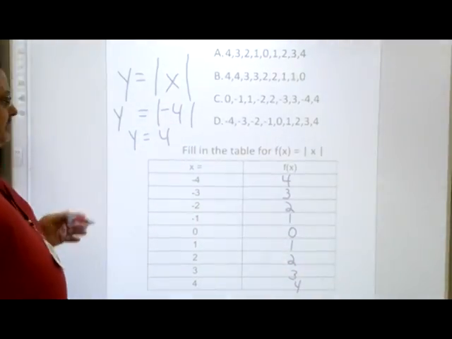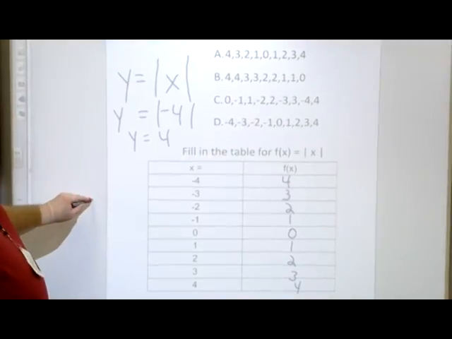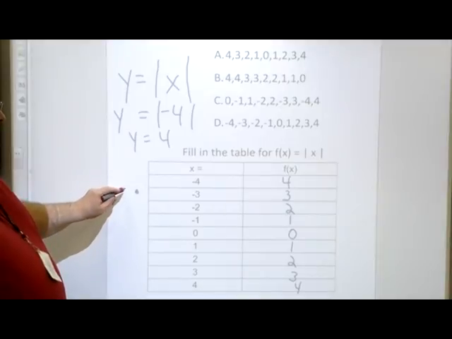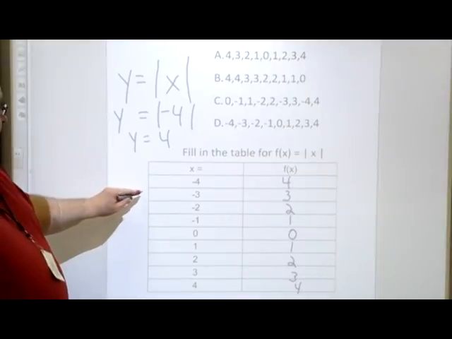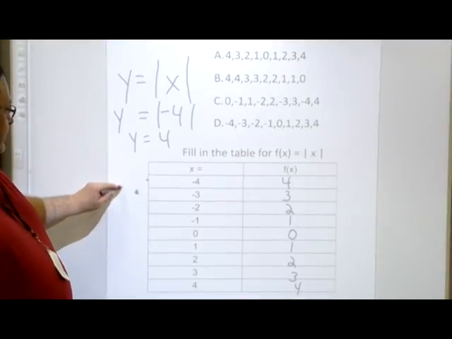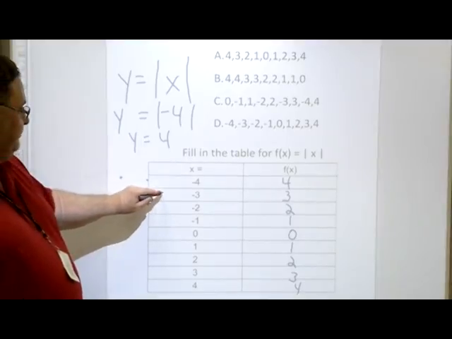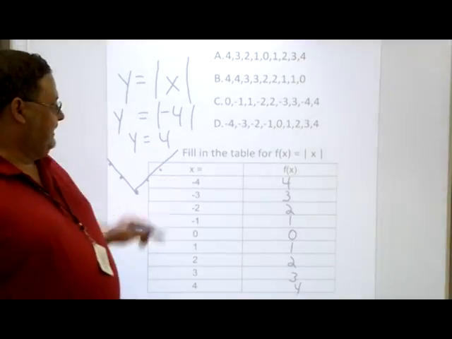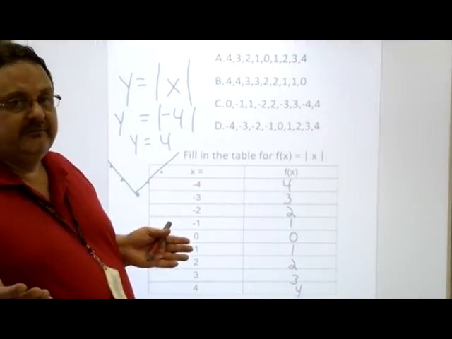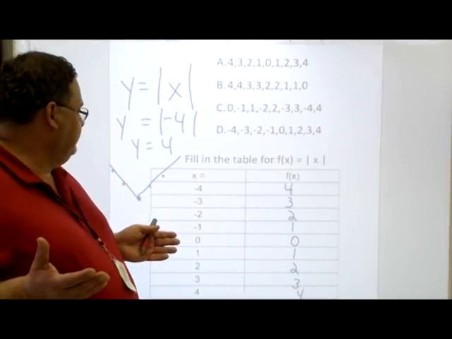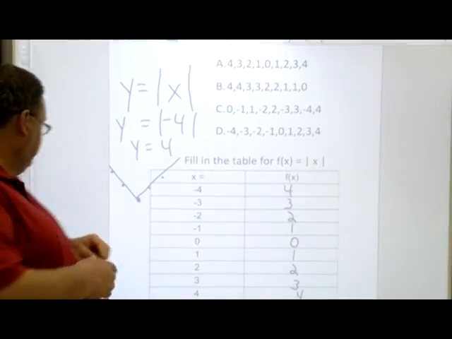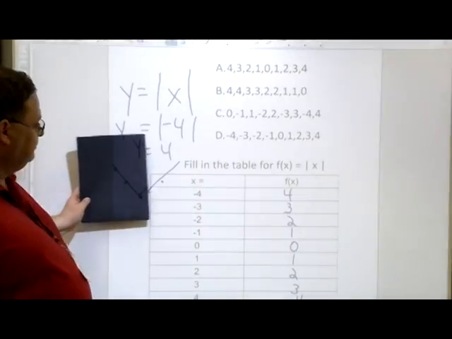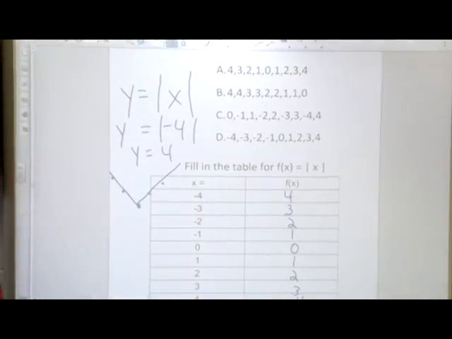And if you would graph this, you would see 0, 0, 0, 0. And then you would go over 1, up 1, go back 1, up 1, then we would go over 2, up 2, and it would end up looking like a V, and that's the graph of an absolute value function. For this problem, would it pass my vertical line test? Yes, as I slide across, it would. So that's an example of a function.